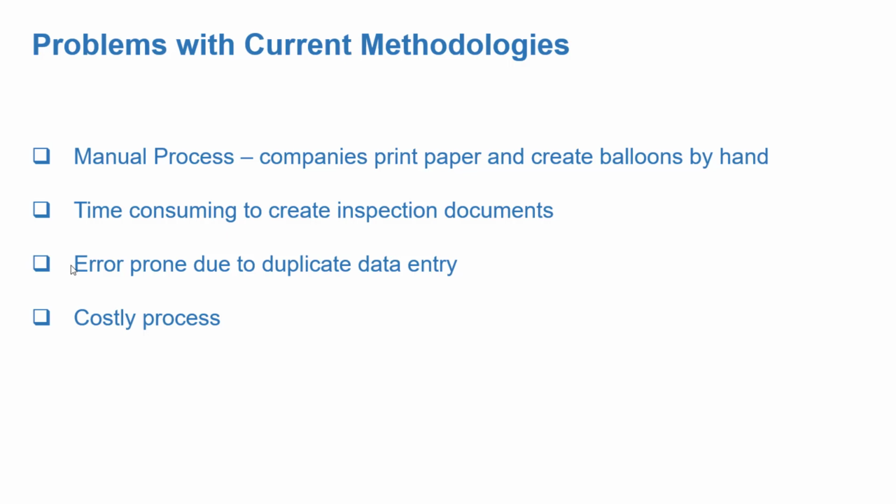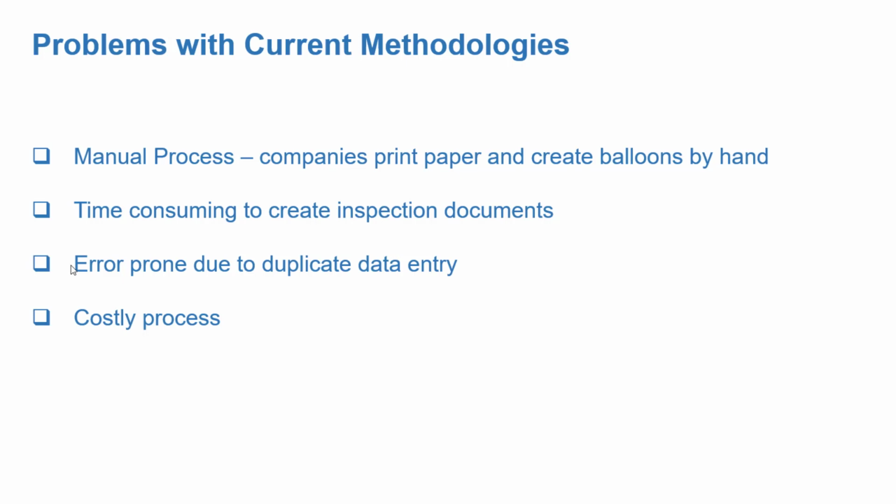Now, the current methodologies: practically what exactly are we doing, and what problems are we currently facing? It is a manual process where the company prints the paper and creates the balloons by hand. This is a lengthier process, and sometimes it might create human errors.